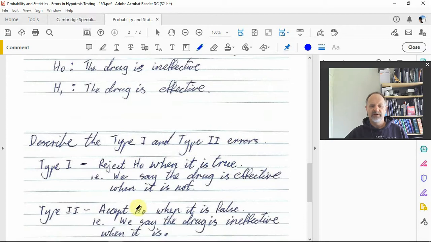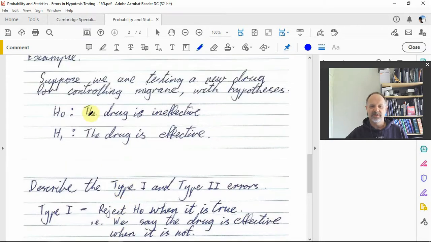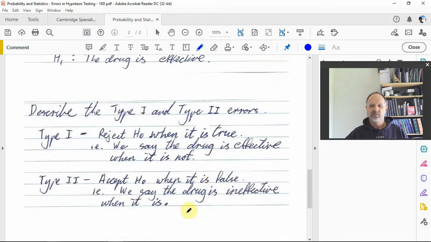And type 2 error is we accept it when it's false. So you accept that the drug's ineffective when in fact it is effective.